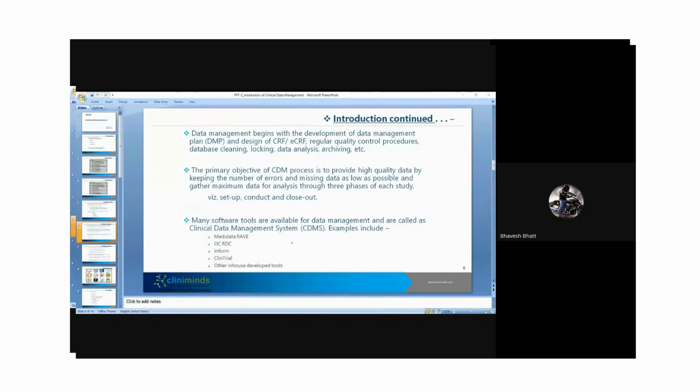So these EDC tools are going to have their component of the clinical data management systems, which is the CDMS, of which the examples are Medidata Rave, OCRDC, which is Oracle Clinical Remote Data Capture System, InForm, ClinTrial, and many other such in-house tools that are developed by the organizations.